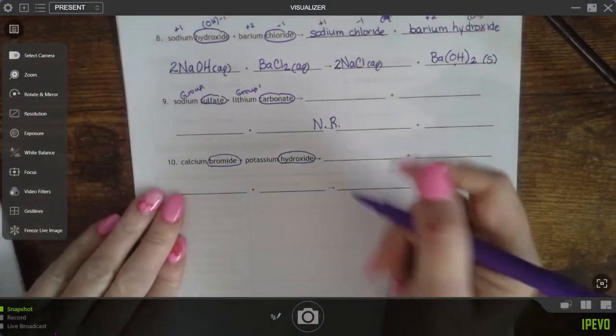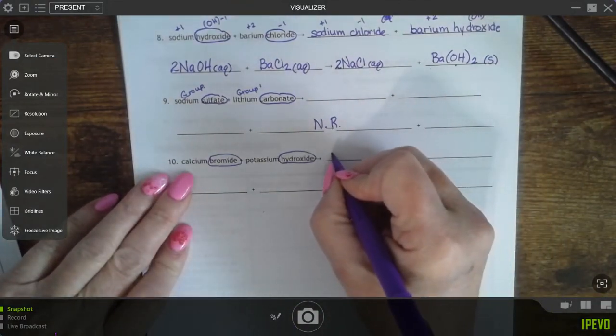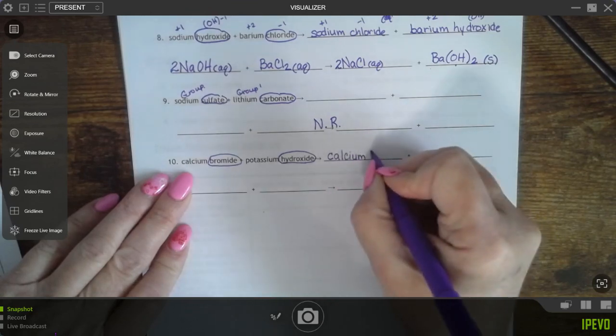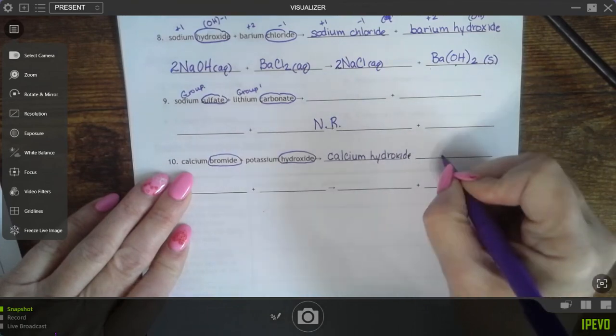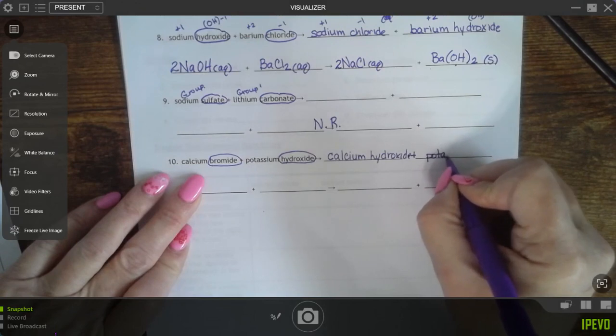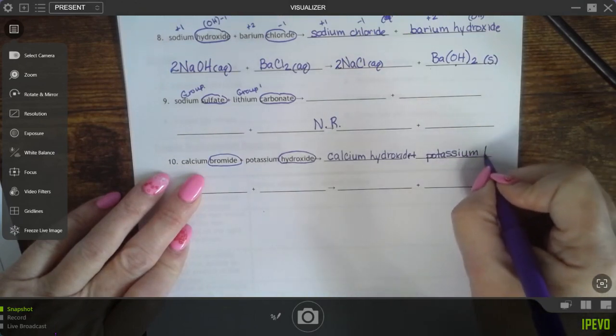All right, so we're going to switch our stuff around. We're going to switch our polyatomic ions. We're going to have calcium hydroxide plus potassium bromide.